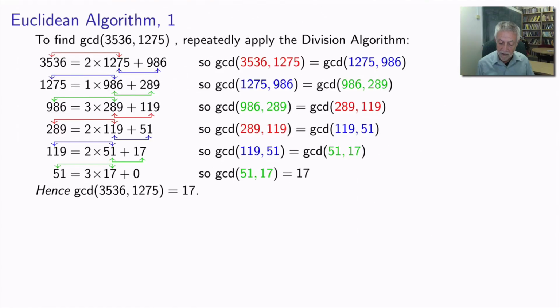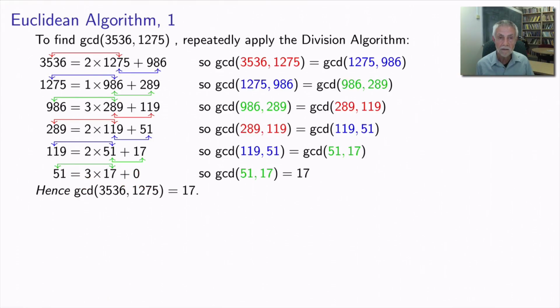At the next step, clearly if something divides 289 and 119, it divides 986, and if it divides 986 and 289, it divides 119, and that's the essential point in showing this equality. And finally, if I now look at 51 and 17, then 17 divides evenly 3 times, and the remainder is 0.